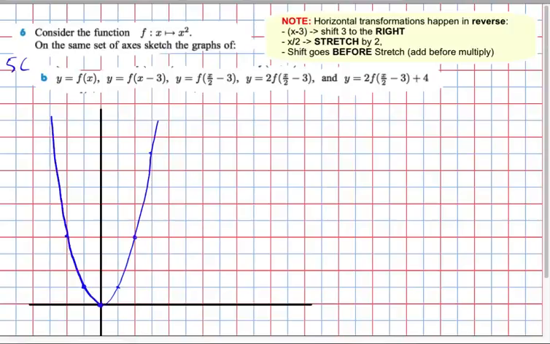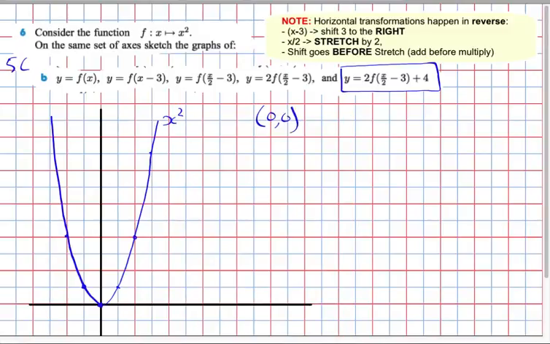And now I want to concentrate straight away on the most difficult one, which appears to be that one there. I just want to relate the points on the original graph to the new graph that I'm going to do, and I'm going to separate x and y. On the original x squared, we've got the point 0, 0, for instance.